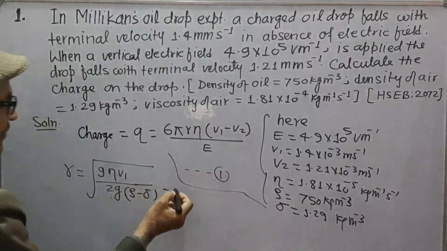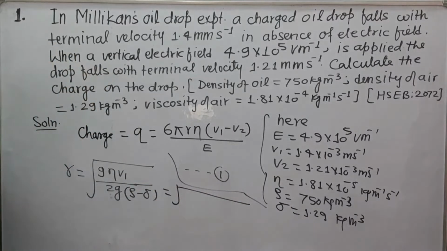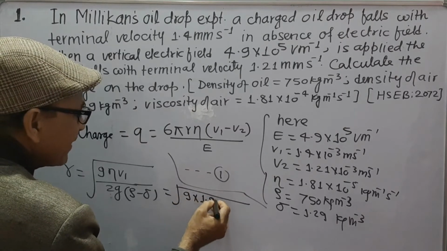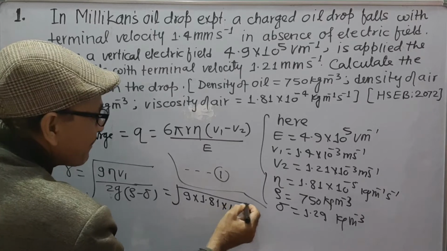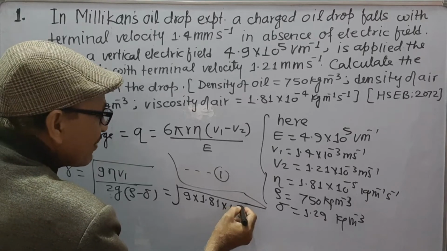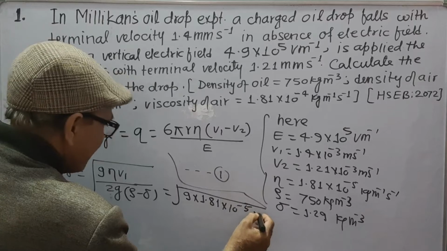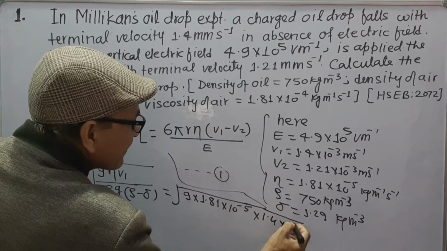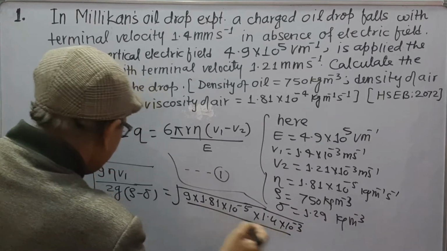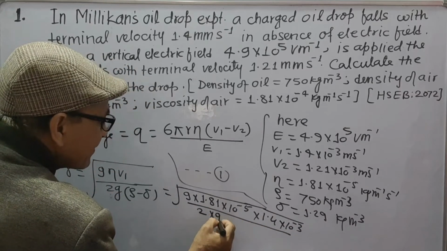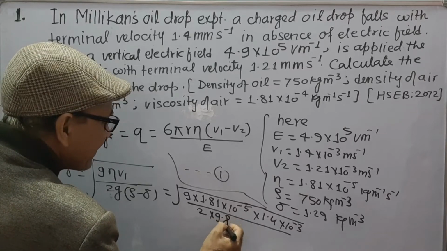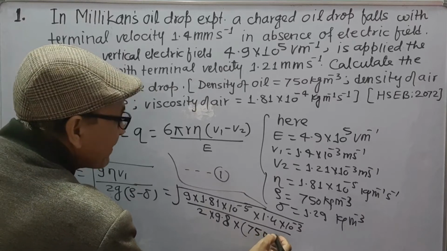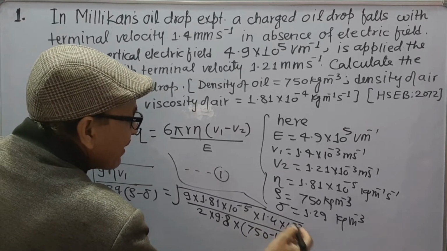By putting the values we get 9 times 1.81 x 10^-5 times V1, 1.4 x 10^-3, upon 2 times g, 9.8, times (rho - sigma), 750 minus 1.29.